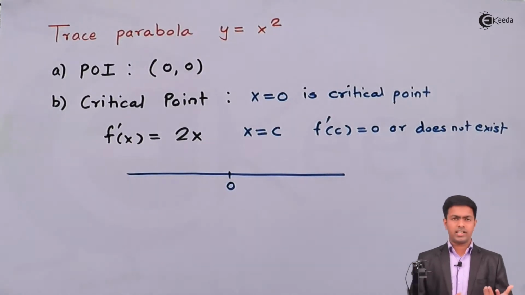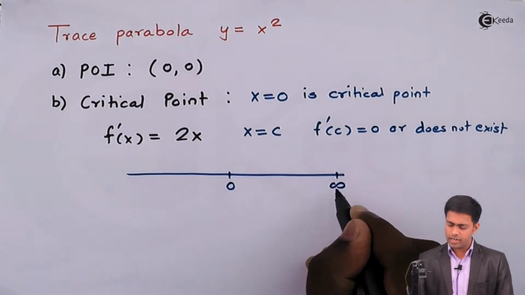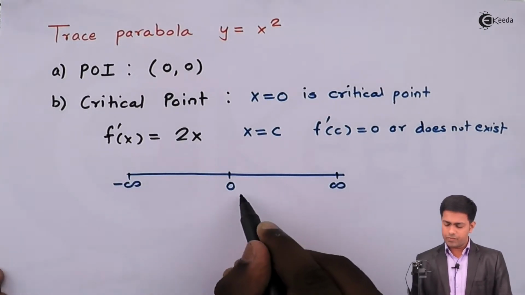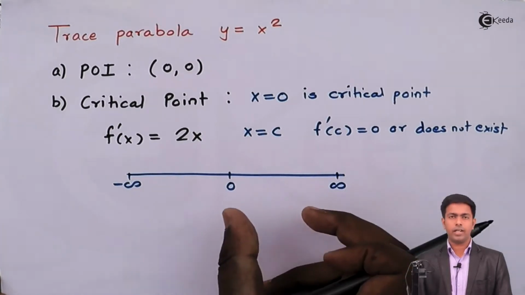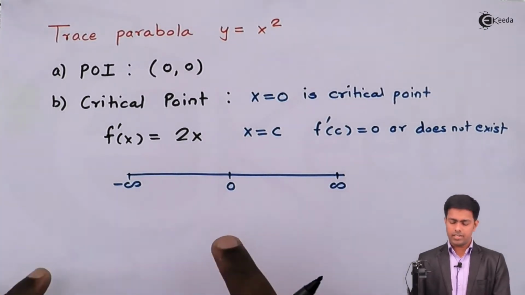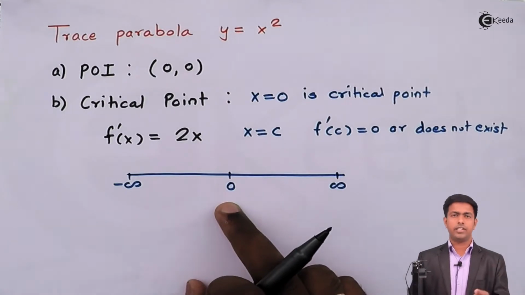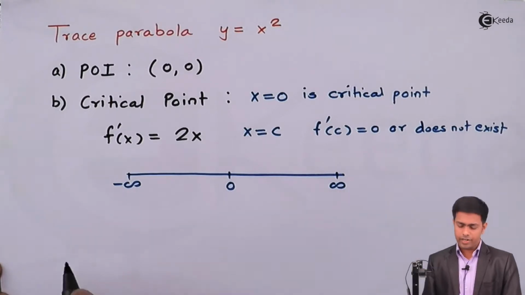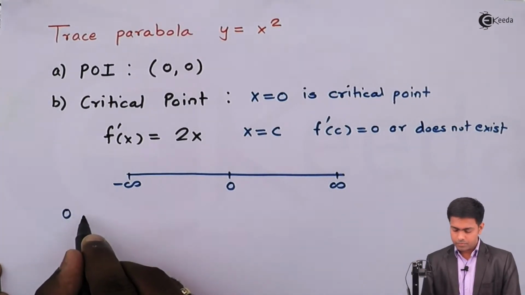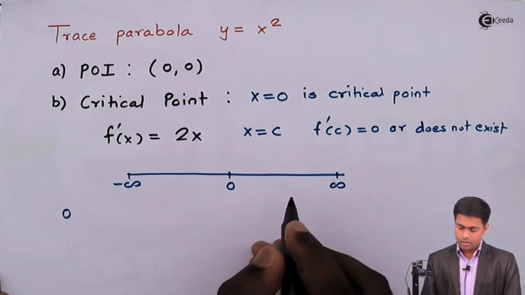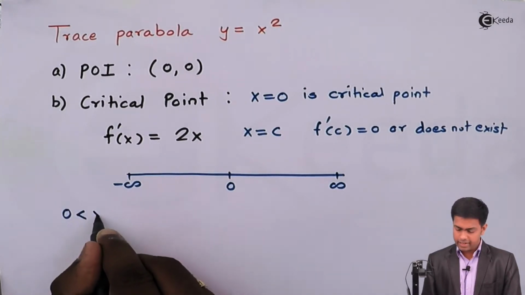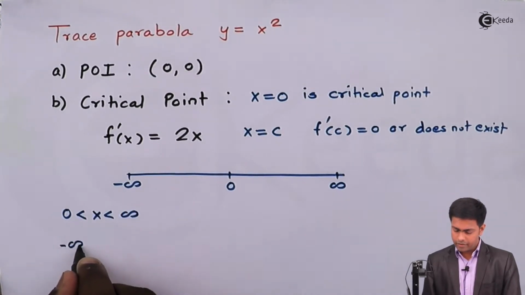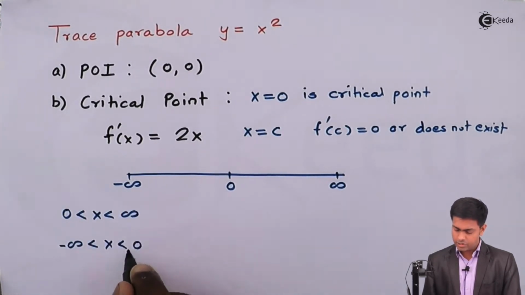So to understand the nature, I'll consider the other 2 points as infinity and negative infinity. Between this first region, 0 to infinity, I'll understand the nature of the curve, and similarly in the second region we'll see the shape of the curve. So for the first region, I'll write 0 less than x less than infinity, and for the second region, negative infinity less than x less than 0.